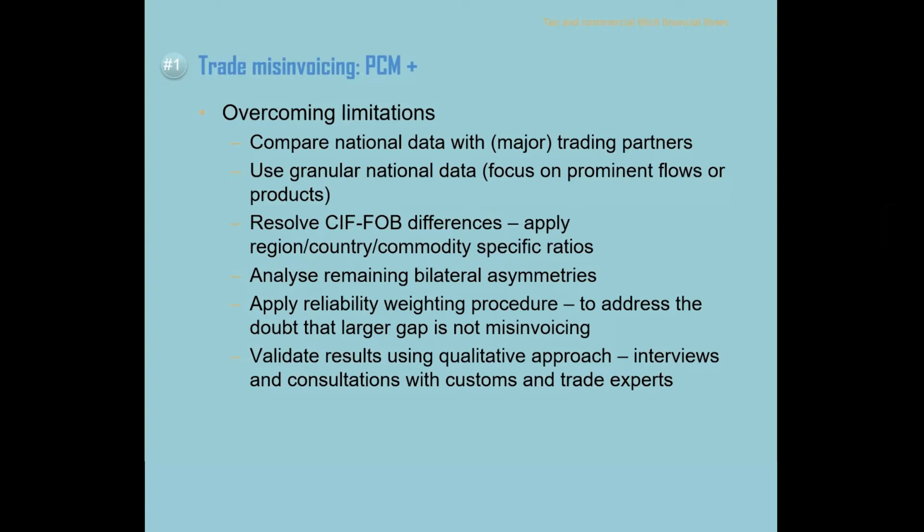So the next one is addressing, it's very easy to write it down or read it. It says analyze remaining bilateral asymmetries, as if this was so simple. Of course, it is not. So there are many other reasons that we might be looking into and trying to account for when we look at the bilateral trade asymmetries. So we will be taking a look later on.